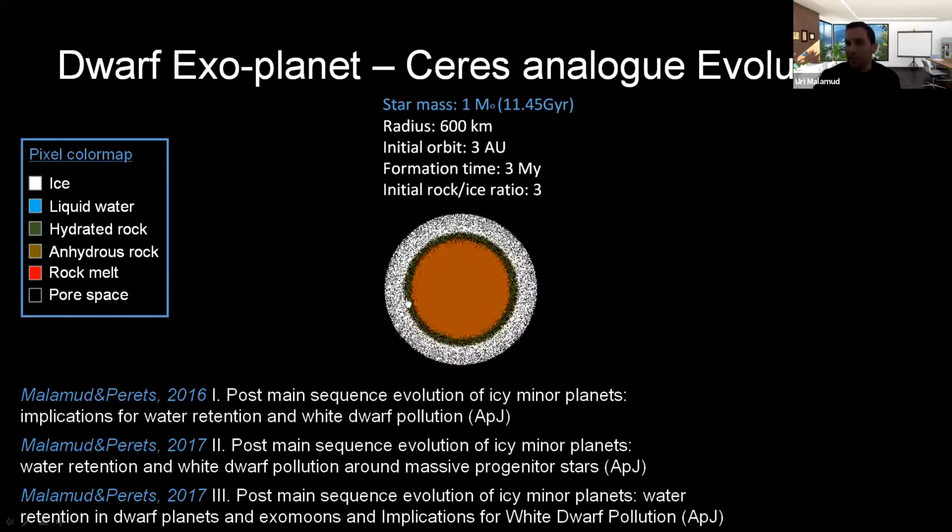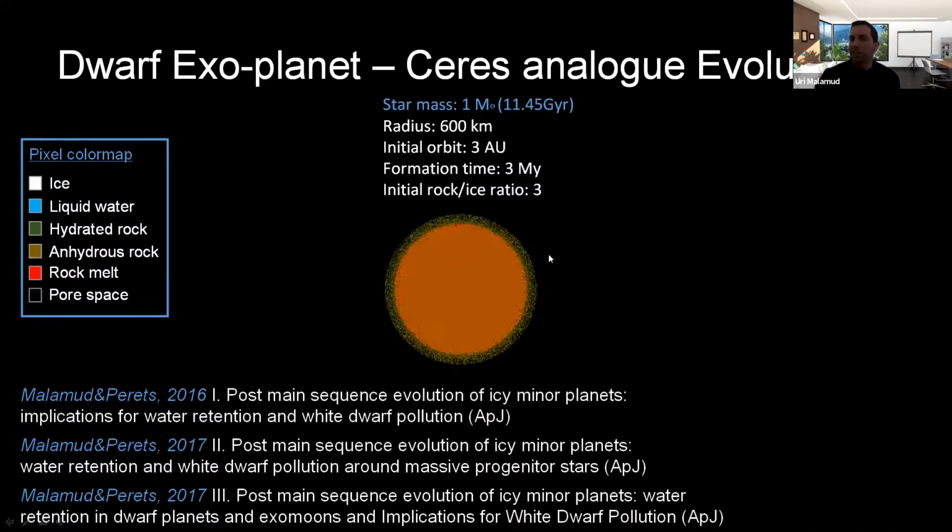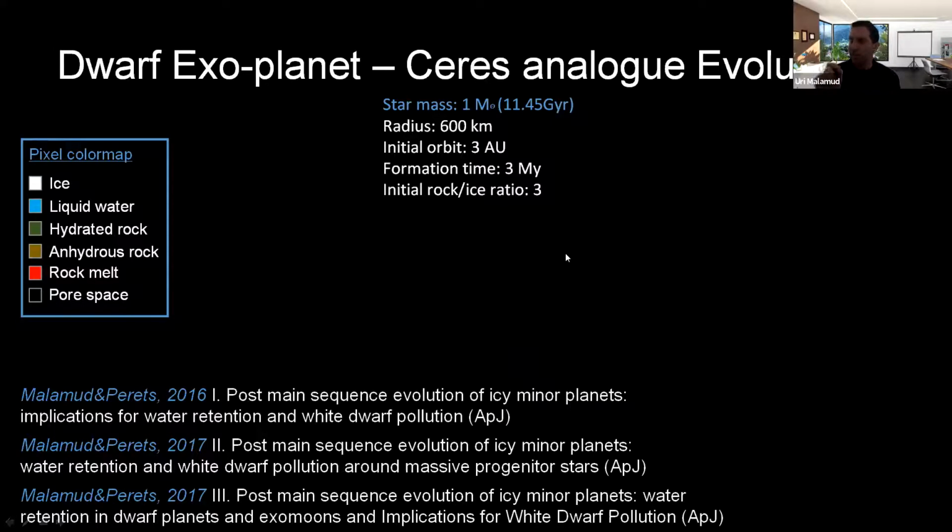This rock has some water on the molecular level, but only a very small fraction, okay? So if Ceres accretes onto a white dwarf, you might expect some excess oxygen, but only a very little bit on top of what you would expect from metal oxides.